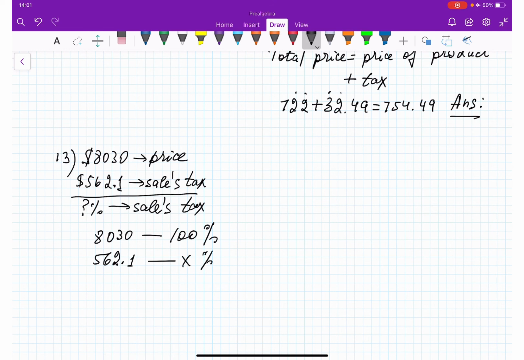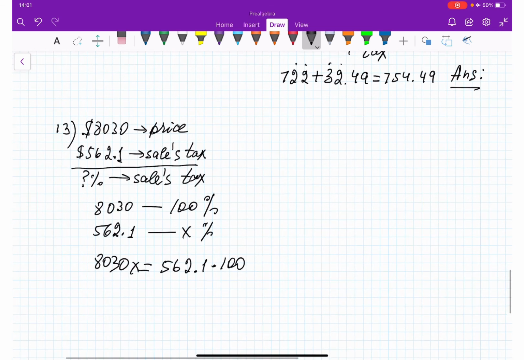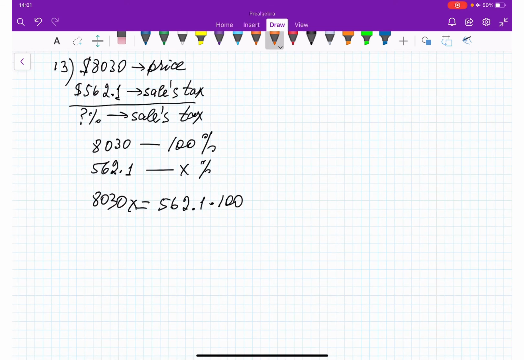All right. So what do we have? 8,030 X is equal to 562.1 times 100. Divide by 8,030 and divide by 8,030.